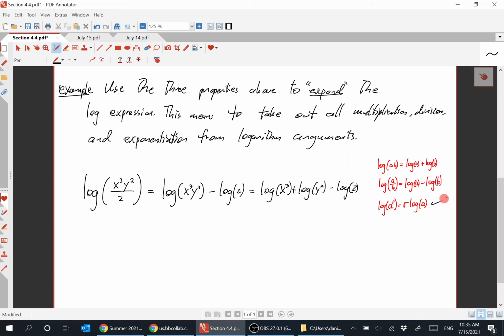And then using this property here, log of a to the r is r times log of a, bringing that exponent inside the log down to a coefficient in front of the log. This becomes 3 times the log of x plus 2 times the log of y minus log of z. And that would be a final answer.